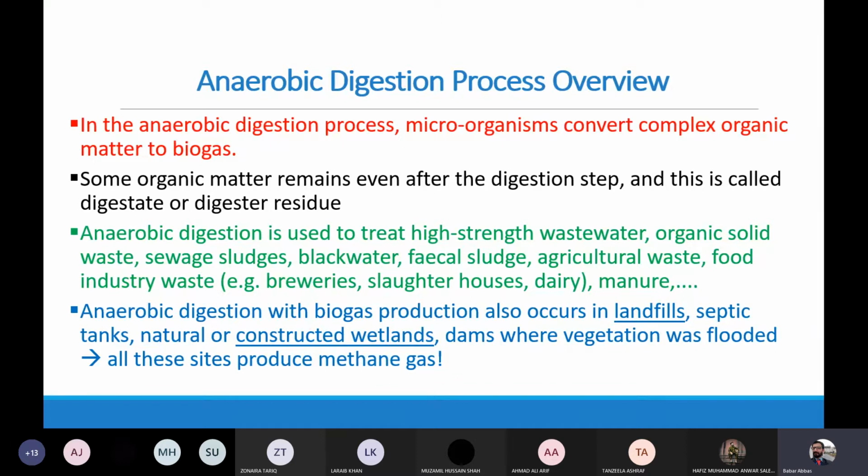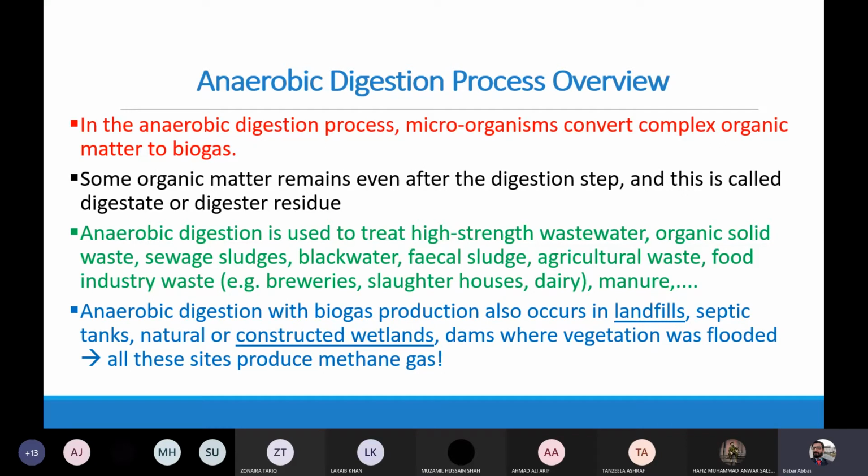All these sectors can send their waste, either concentrated liquid waste or solid waste, to the anaerobic digestion plants, where it can be converted into biogas.